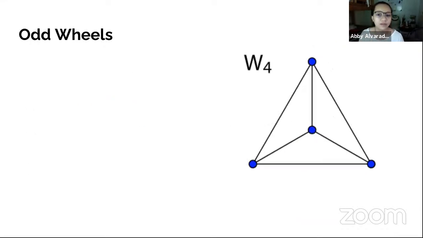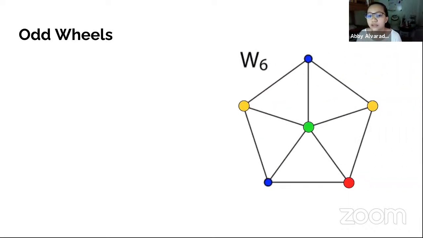So next we have the odd wheels. So this is the smallest wheel graph, the wheel of 4 vertices. But then, since all the vertices are connected to each other, then there's nothing more to use here or connect. So what we can do is we can use the next smallest odd wheel, which is the wheel of 6 vertices.